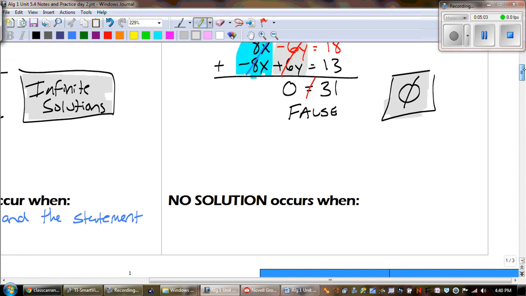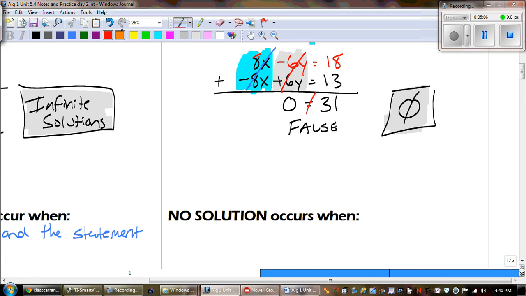Okay, so no solution occurs when the variables cancel and the statement is what?